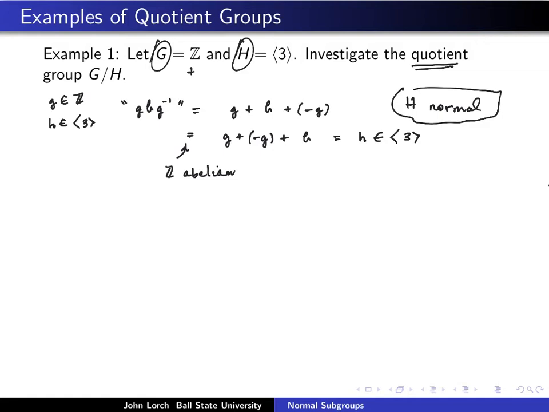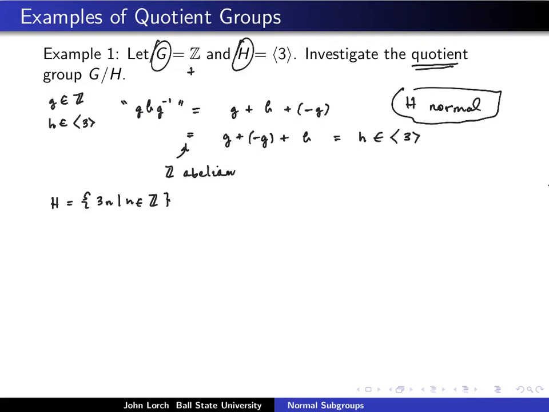Okay, well, what are the left cosets of H? Well, we've got H itself, which essentially is just all of these multiples of 3. And then what could we do?